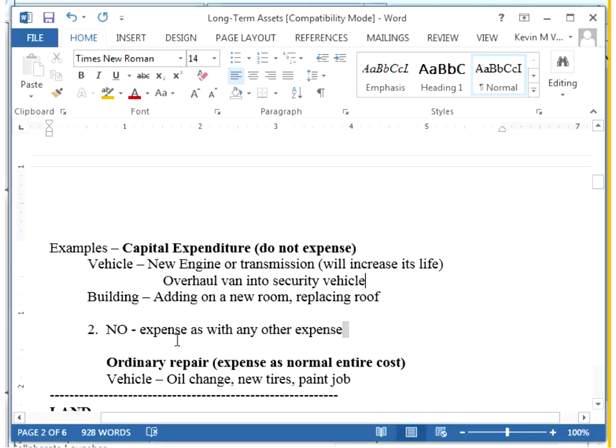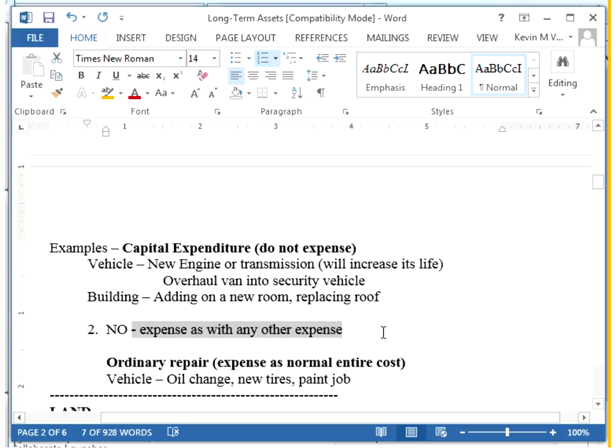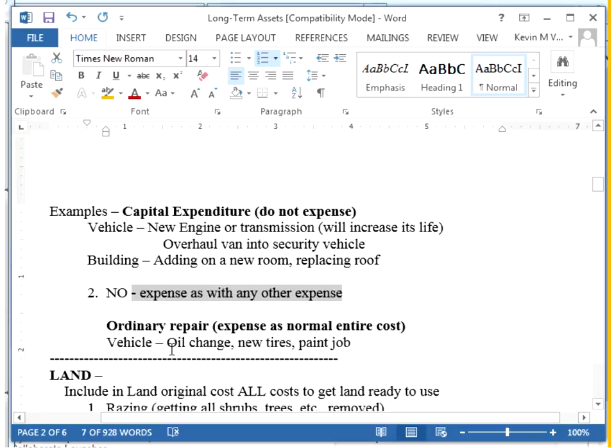If the item that I purchased does not make it more valuable or change its useful life, it's just a normal wear and tear type expense, then I just expense it as I would any other expense. I might call it a vehicle expense or a maintenance expense. So, for example, having an oil change, maybe having a new paint job.